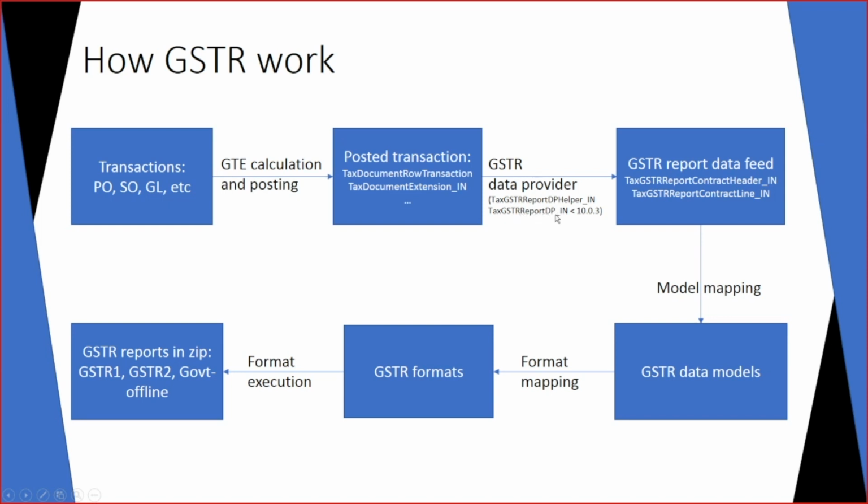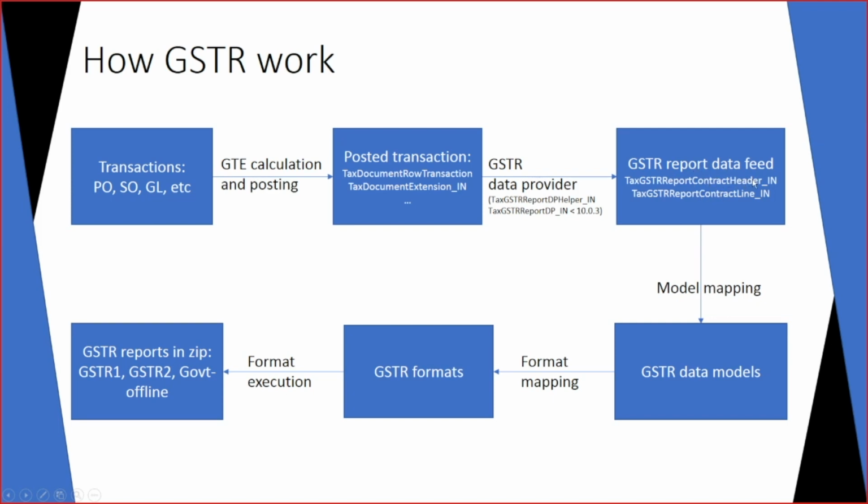While if you are still on the oldest version, then the older class will be the right one to dig into or to extend. However, when you move to a higher version than this, you will need to move your customization from the older data provider to the new data provider. Assume that we have already populated all the data to these two classes.